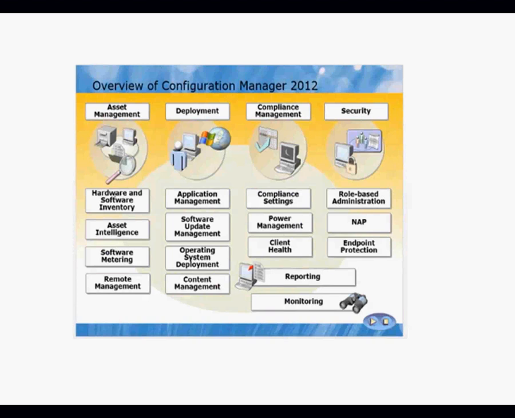Then you have content management. Microsoft System Center Configuration Manager does content management. For example, there are two separate applications, and both of them need .NET Framework as a prerequisite. When you do the deployment, .NET Framework will not get copied twice, because it will not do duplicate effort.